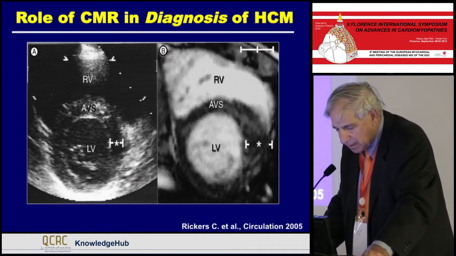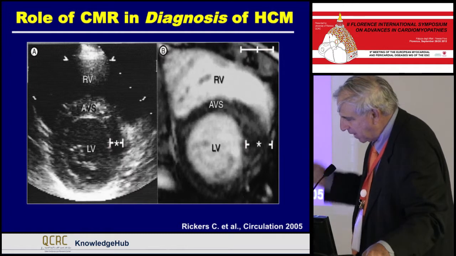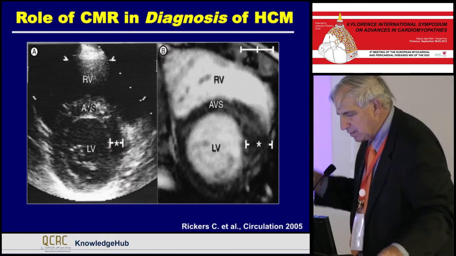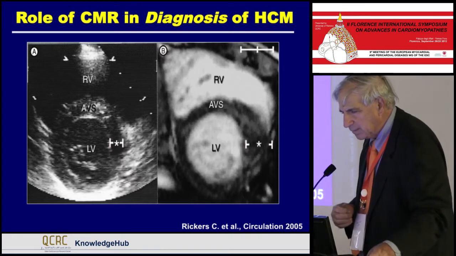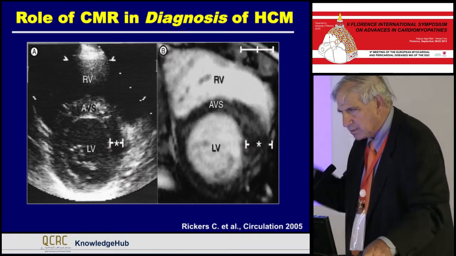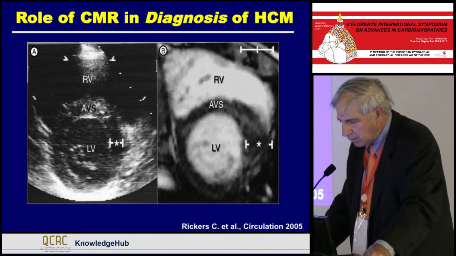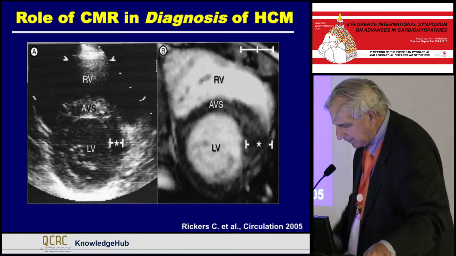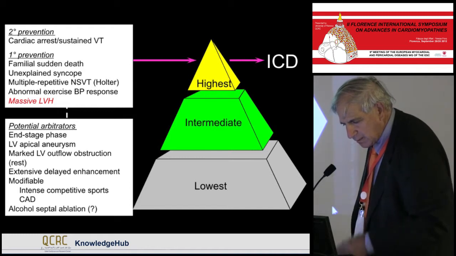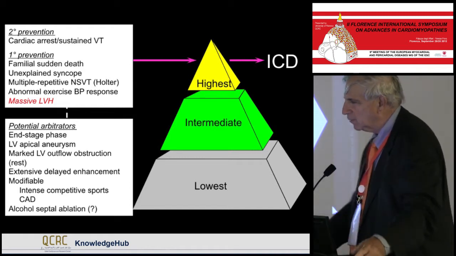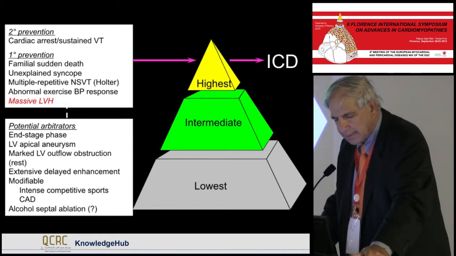So this patient becomes phenotypically positive, becomes a patient with the disease, has a family history of sudden death, and is implanted with an ICD because of a risk factor, which turns out to be a good idea because there was an appropriate discharge later. Diagnosis only possible with MRI.